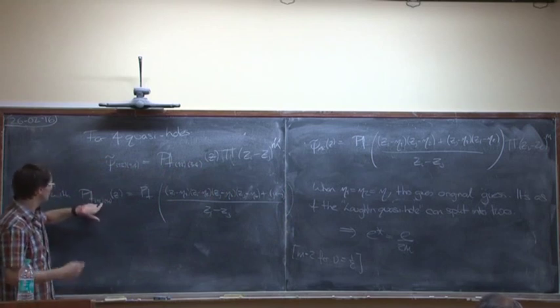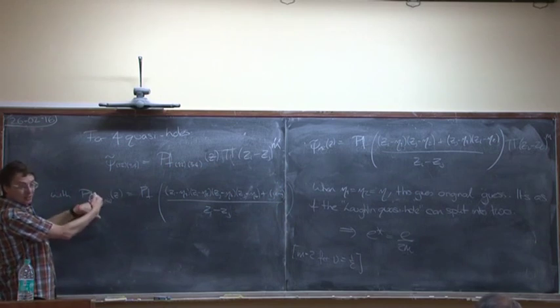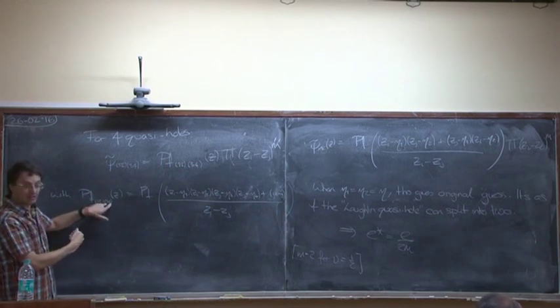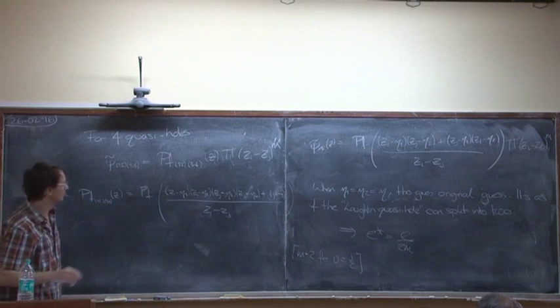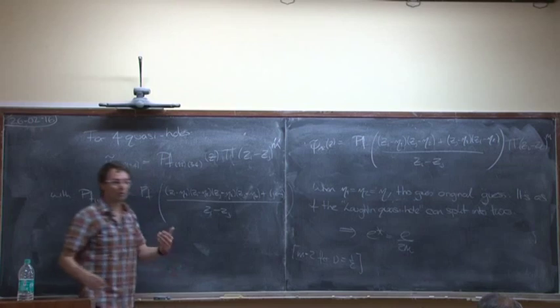So the 1 and 2 means that Zi is matched with 1 and 2, and Zj is matched with 3 and 4.